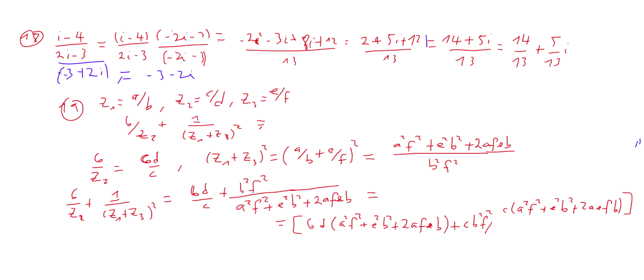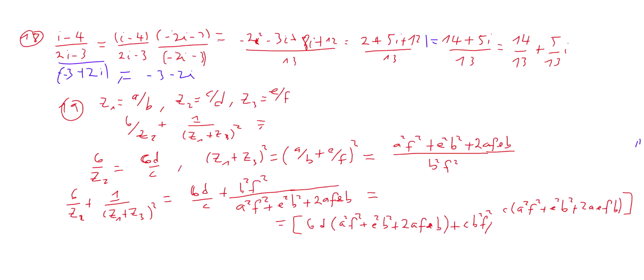This is equal to 2 plus 5i plus 12 over 13, so it is equal to 14 plus 5i over 13. And now we have the real part and the imaginary part given.